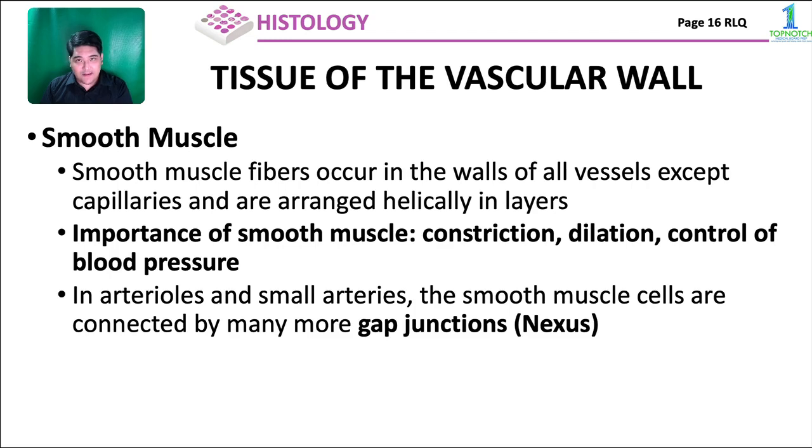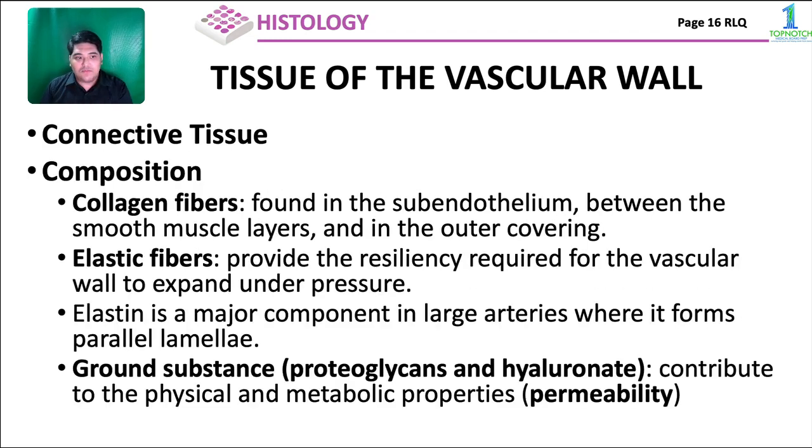Di ba nga, as stated earlier, important in the synchrony of the contraction of the smooth muscle. It also has a connective tissue. Ano yung composition niya? Think, may collagen fibers, elastic fibers for the elasticity, and then you have your ground substance, no, your proteoglycans and your hyaluronate, which contributes to the permeability of that connective tissue.